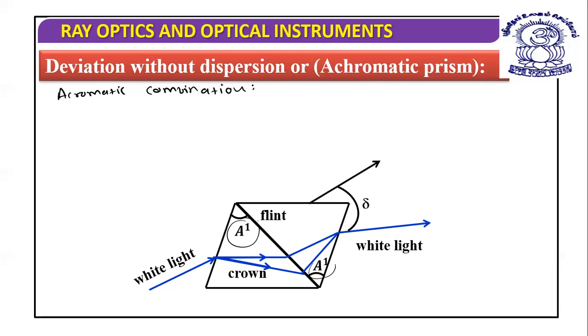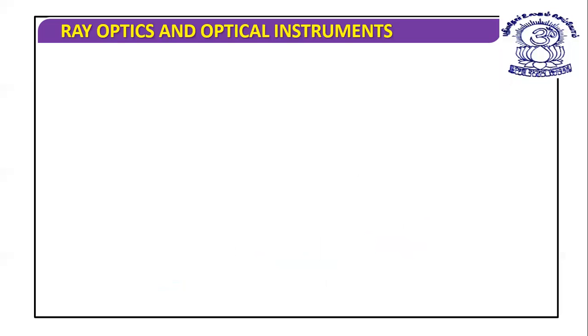In this situation, the light ray may or may not suffer deviation. So delta is not equal to 0, but theta, the angular dispersion, is 0 as there is no dispersion. So what will be the value of delta?